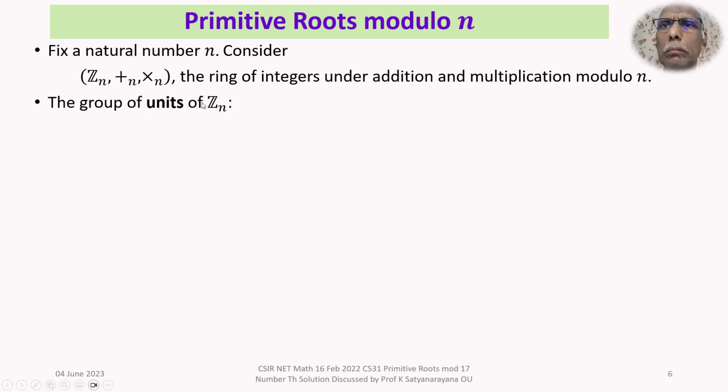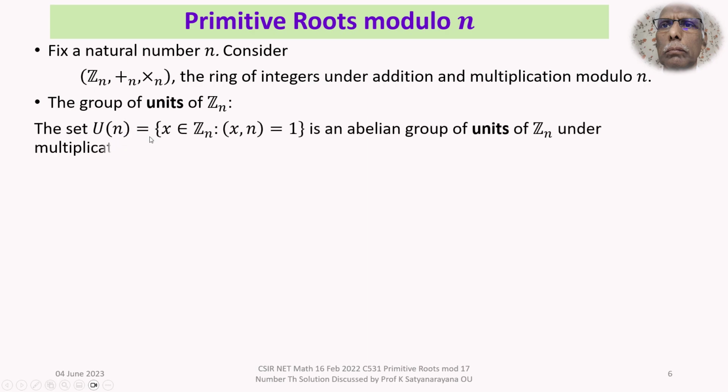The group of units of Z_n, we call it U(n). U(n) is the set of all x belonging to Z_n which are relatively prime to n, that is, gcd(x, n) = 1. Such an element x is invertible under multiplication and is called a unit.